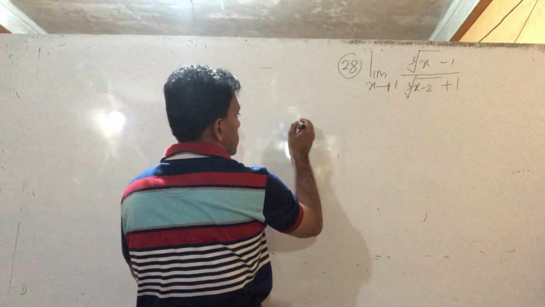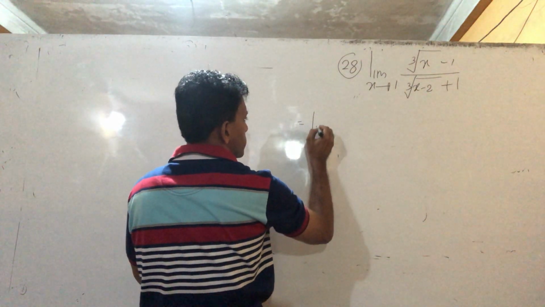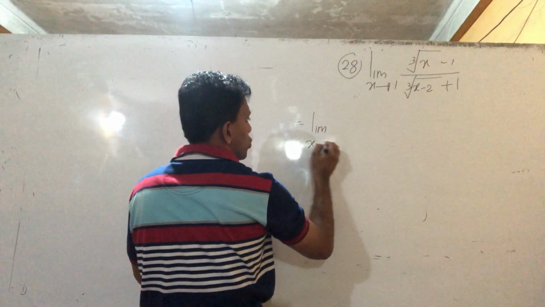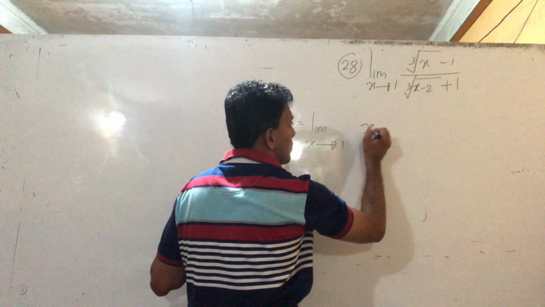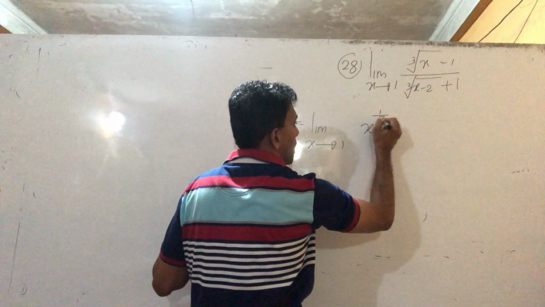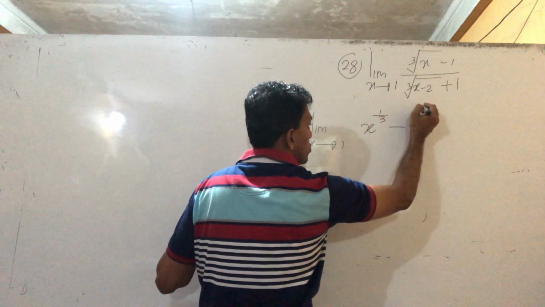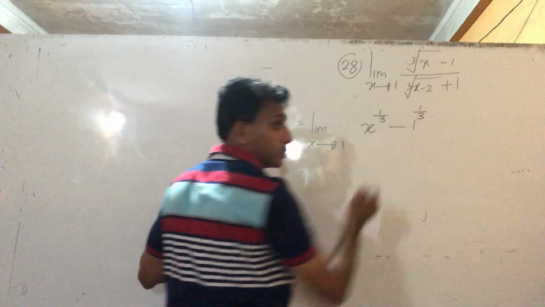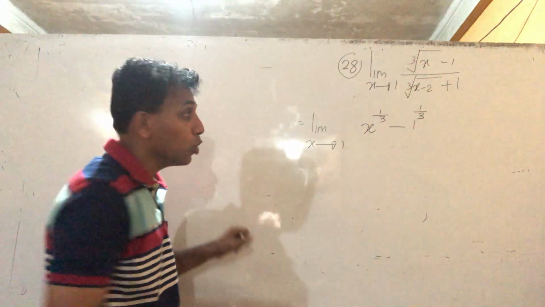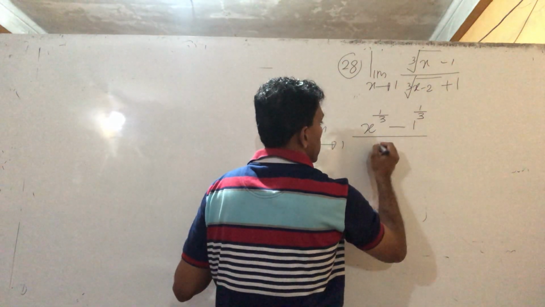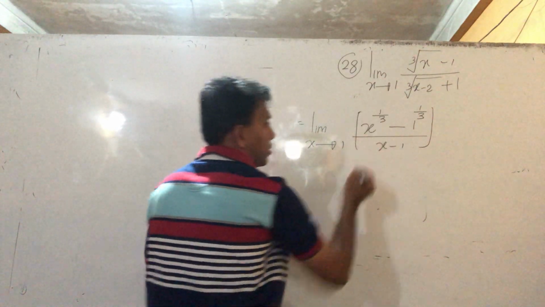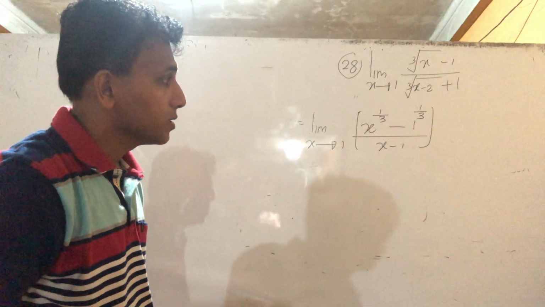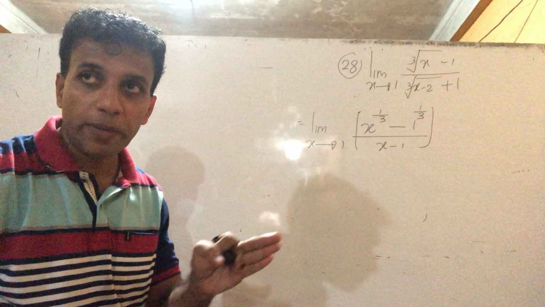Limit x tends to 1, x to the power 1/3 minus 1, also the same power 1/3. Then below, without the power, x minus 1. That's the first algebraic rule of limits.